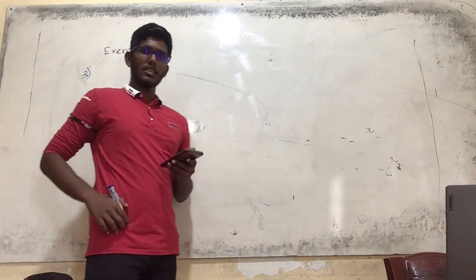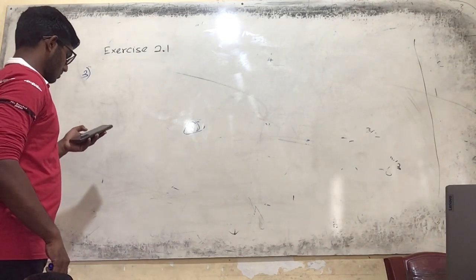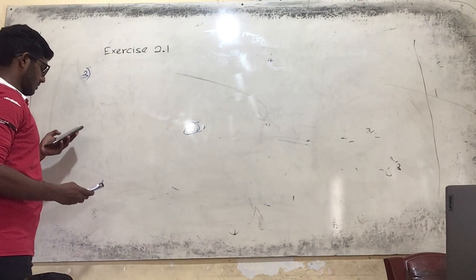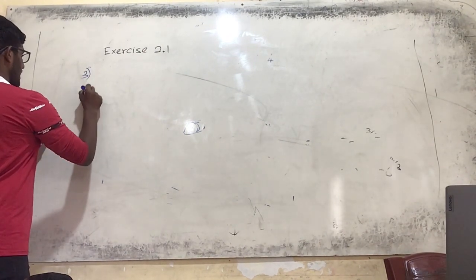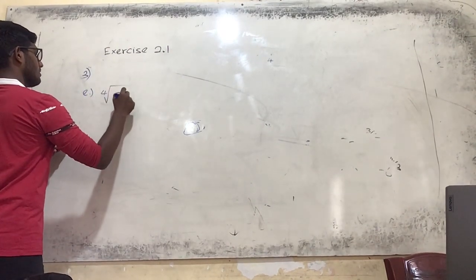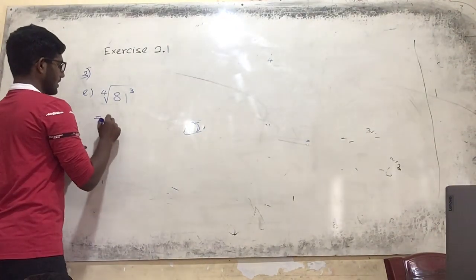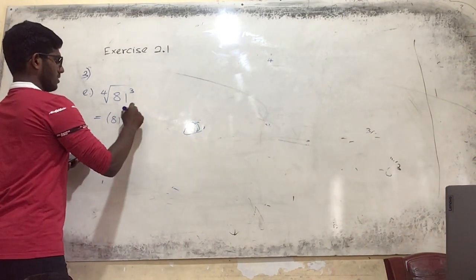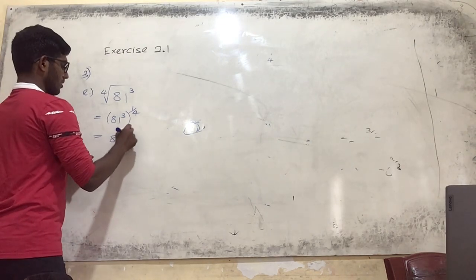Next, we will be discussing question number 3, finding the value. So I will take E as an example. 81 to the power 3 over 1. Once again, same step.